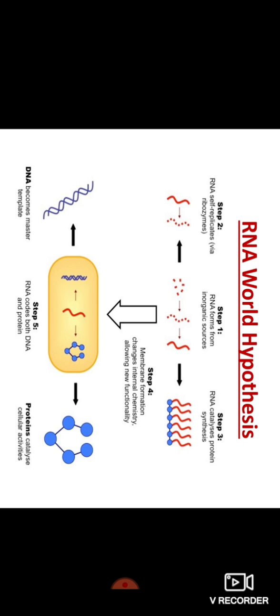In the next step, they show the formation of a membrane and internal structure along with new functions. In the next step, the RNA codes for both DNA as well as proteins, and these proteins catalyze all the cellular activities.